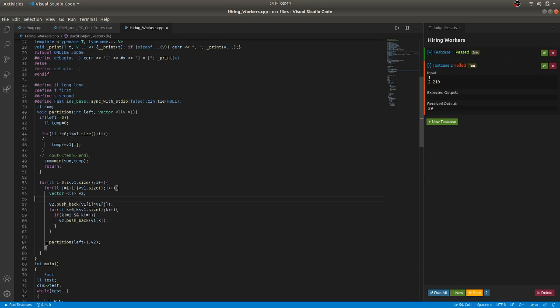Now we are calling the partition and chucking one out from left, and calling it again. Then it keeps on going until left is equal to 0. Suppose the size was 7 and the number of team I had to choose was 4, so I give left as 3.